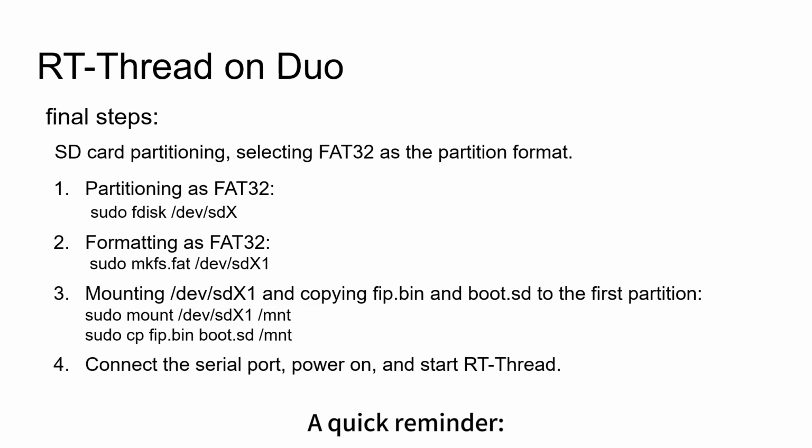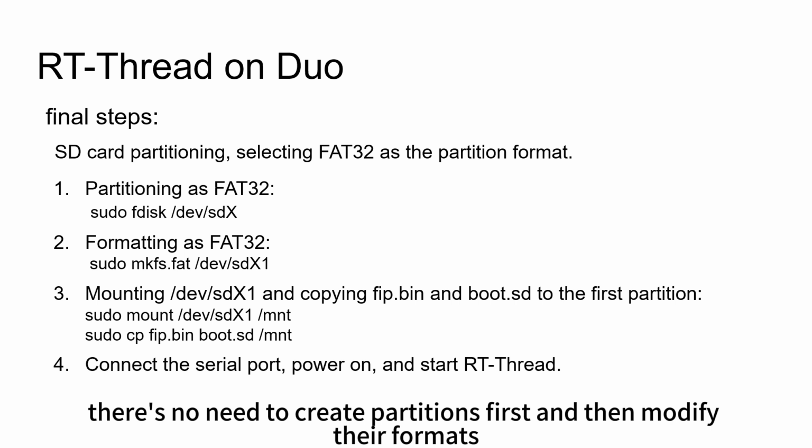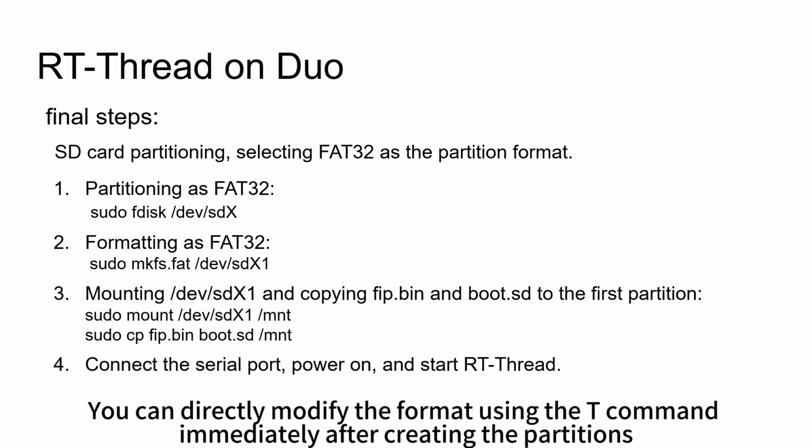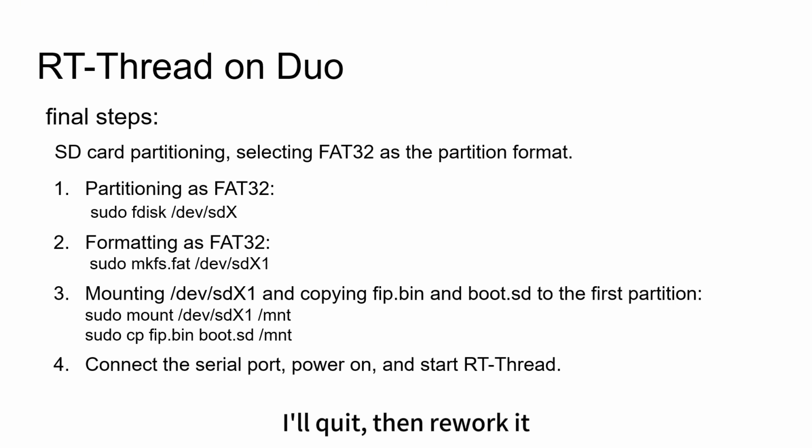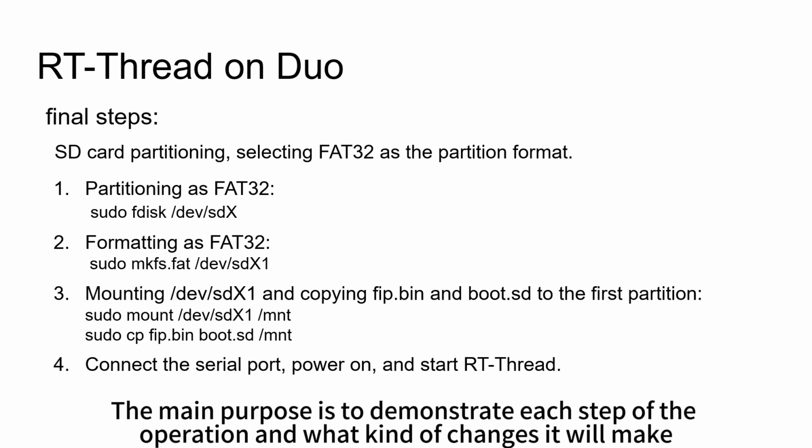A quick reminder, during the first step, there's no need to create partitions first and then modify their formats. You can directly modify the format using the t command immediately after creating the partitions. I'll quit, then revoke it. The main purpose is to demonstrate each step of the operation and what kind of changes it will make.